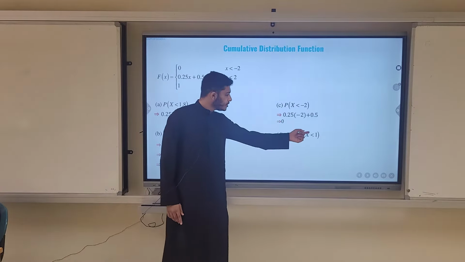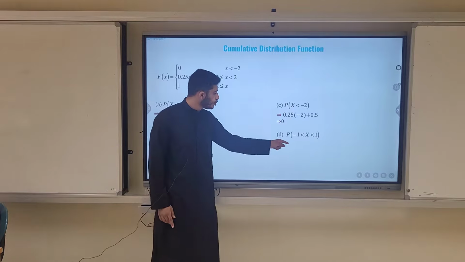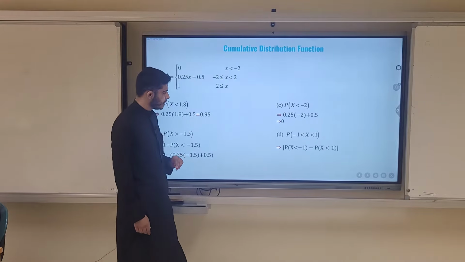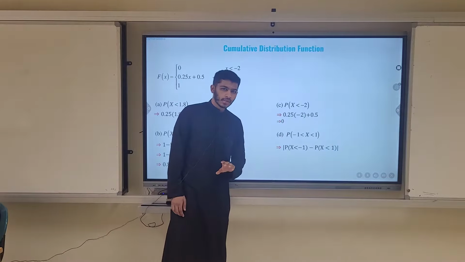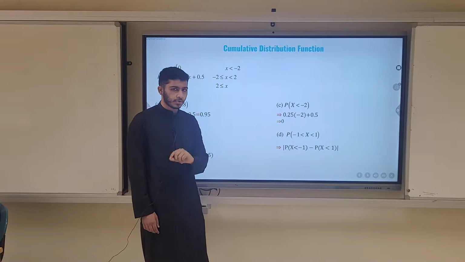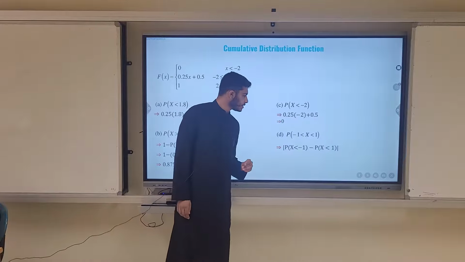So we're going to have the cumulative of 1 minus the cumulative of minus 1, and this should be equivalent to this expression. I have written it here, and I have put the absolute value because we are dealing with probabilities. We always should get a non-negative number, so I can get away with putting the absolute value here.